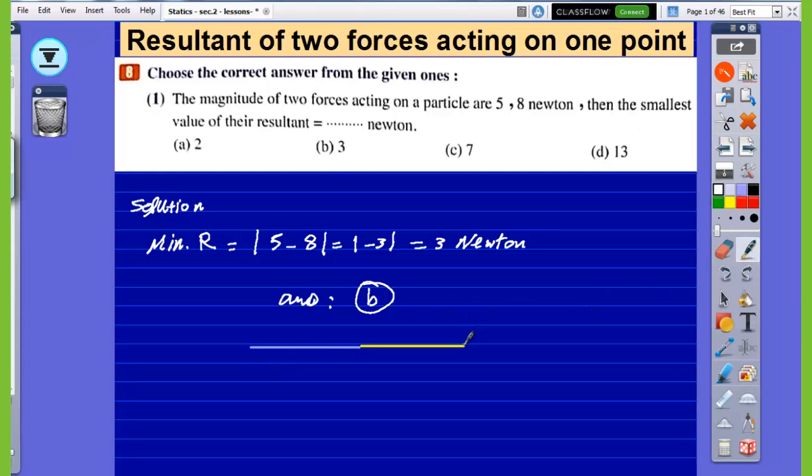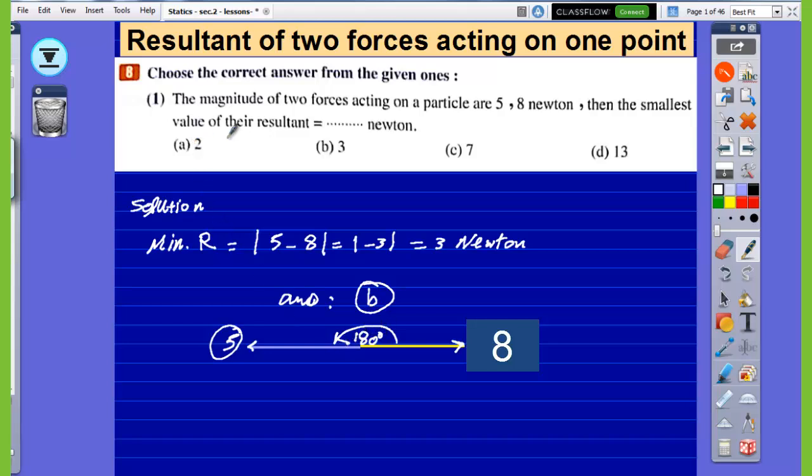One of them will be 8 and the other will be 5, and the measure of the angle between them will be 180 degrees.